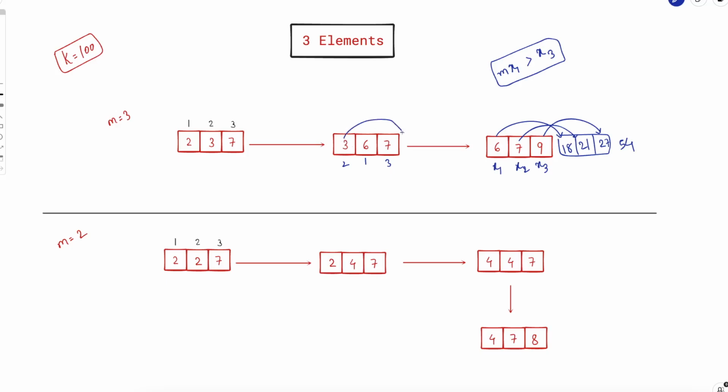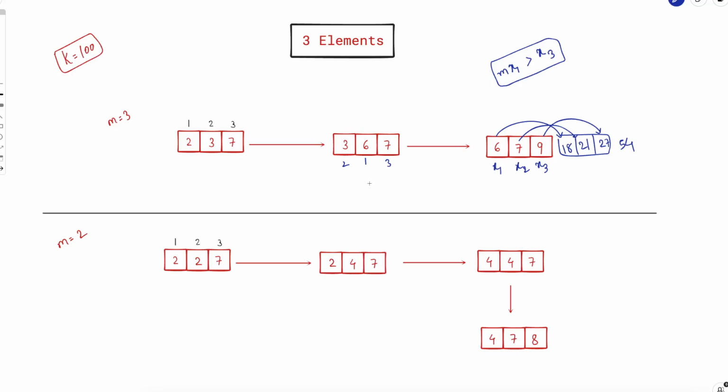Like from this point onwards, it would start repeating. So we are saying that 3 into 3 is greater than 9, greater than 7. And if this condition is satisfied, we need to understand whether this will always repeat itself. So let's think about it. If this is satisfied, then you know that this element would now be after this one.